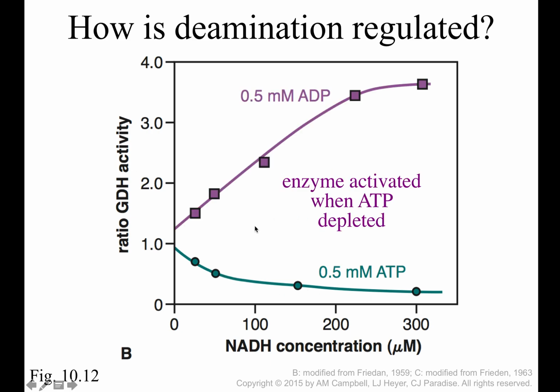But if we add ADP, you get a pretty steep curve, and NADH increases. So when ATP is depleted, and you need energy, that's when you can start breaking down protein to make ATP.